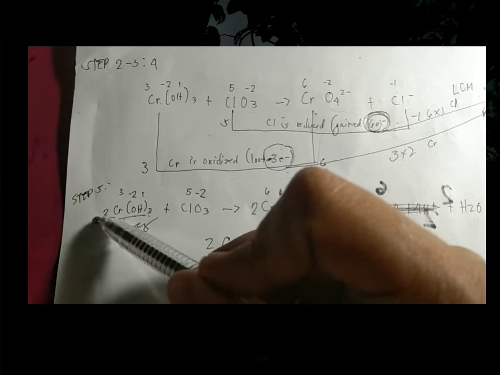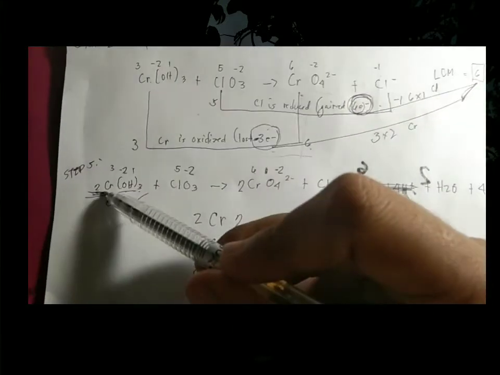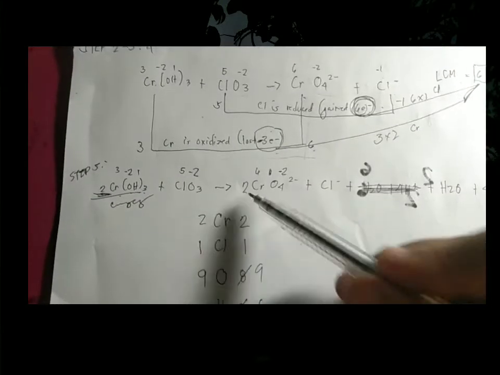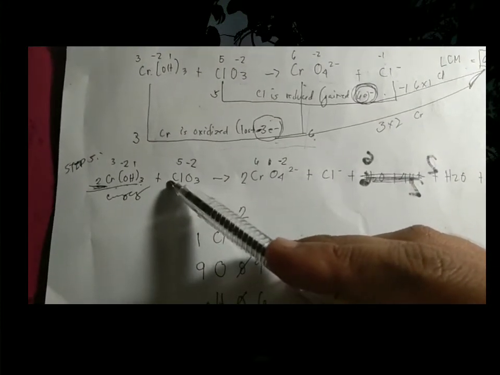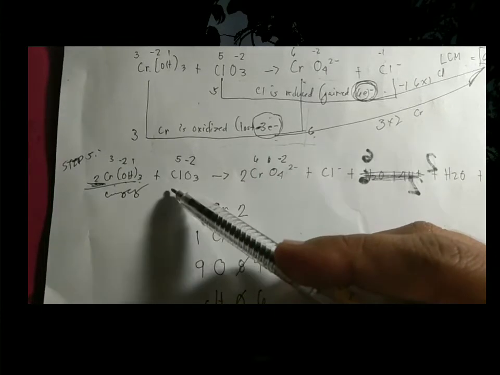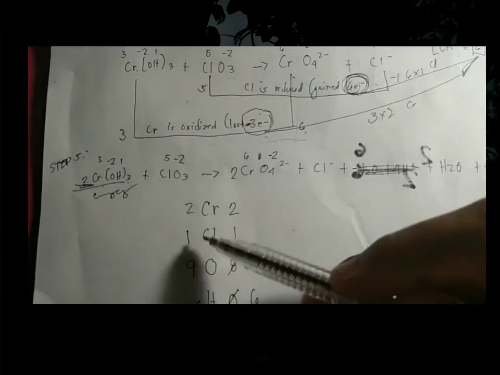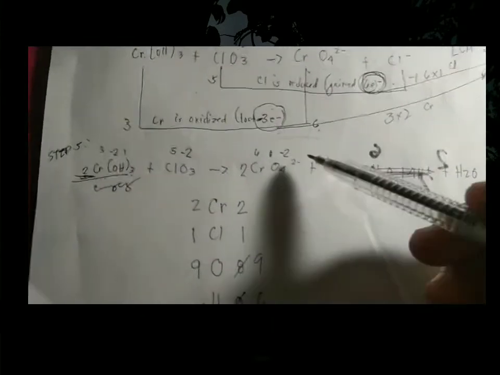So the 2 here is galing sa ating minultiply dito para makuha yung least common multiple na 6. So sa chromium meron tayong 2 at 2 din dito. Sa chlorine meron tayong 1. So kahit hindi na natin sulatan ng 1 yan, understood na 1 yan. So 1, tapos dito 1 din.